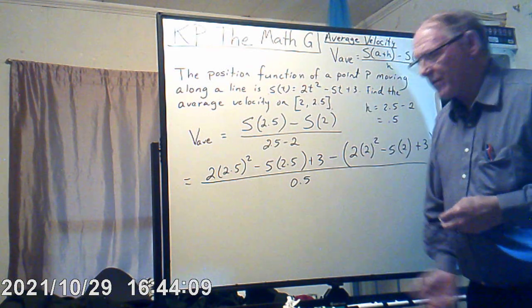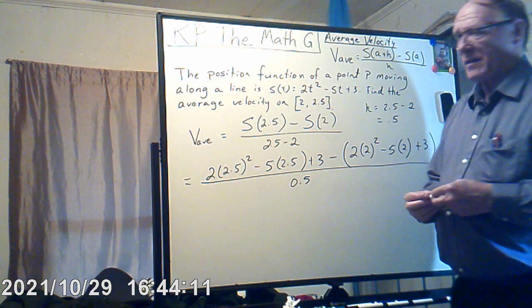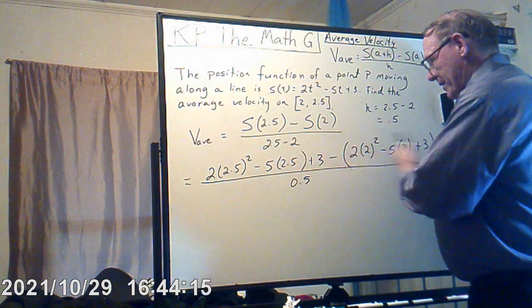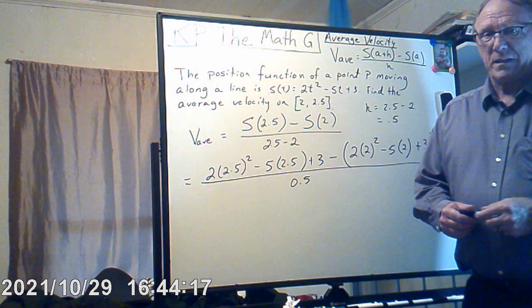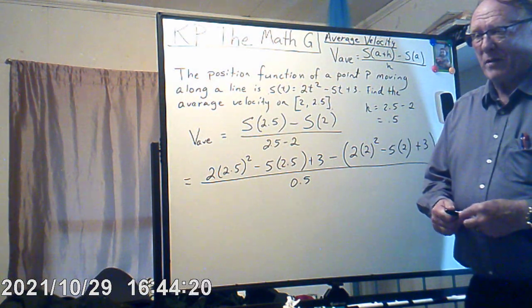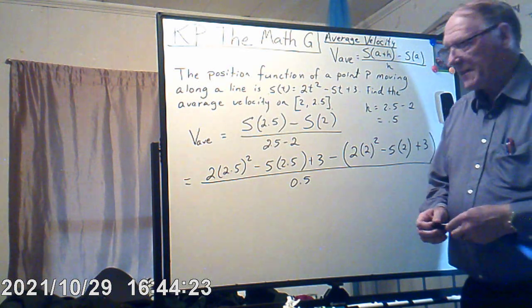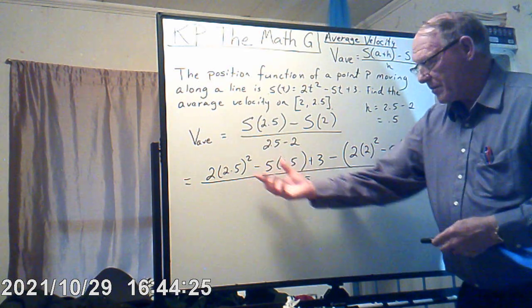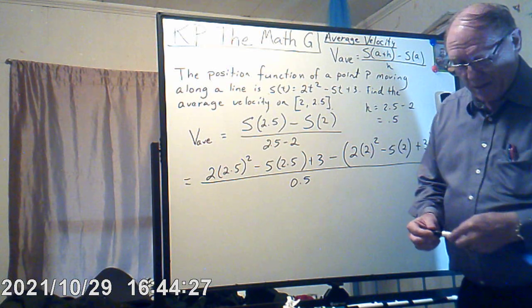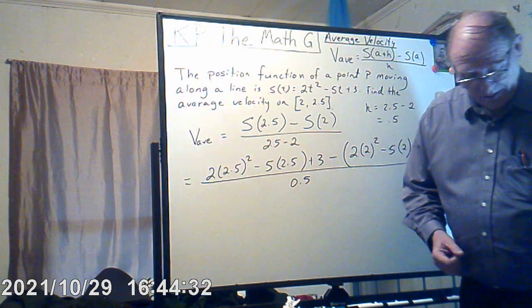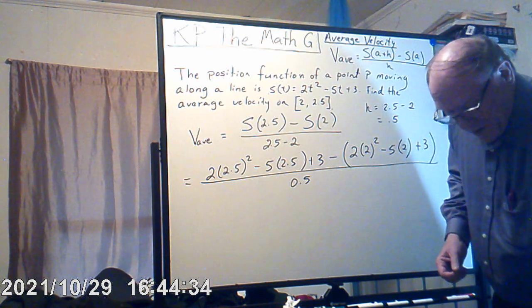If this is a multiple choice question, obviously you have to get the answer. But if it is an open response question, then you can probably just plug the numbers in and be done. But anyway, let's go ahead and do it. I want to find the answer to this.